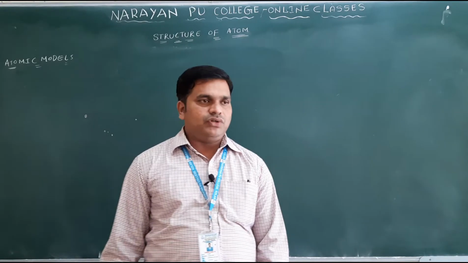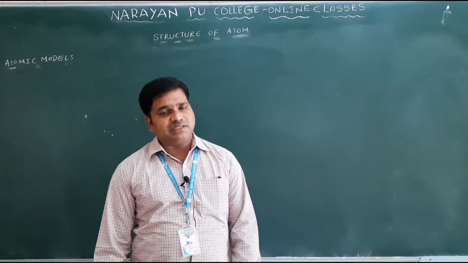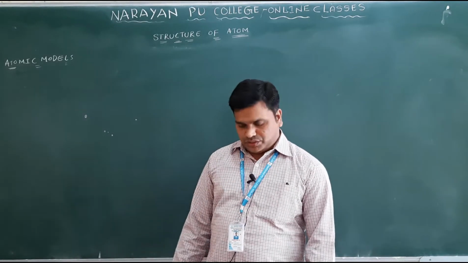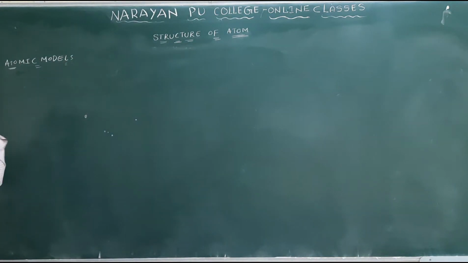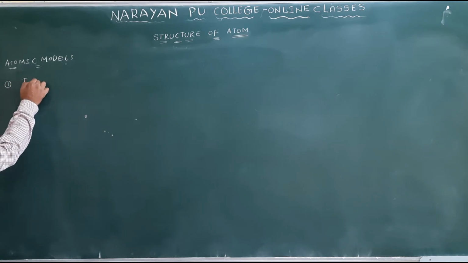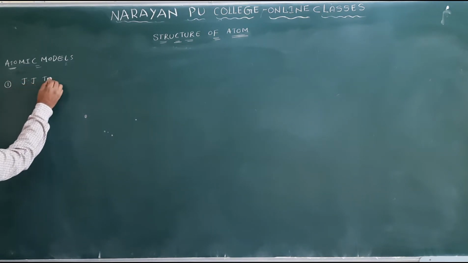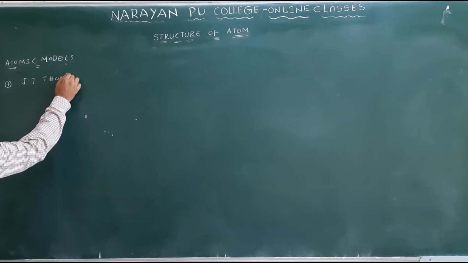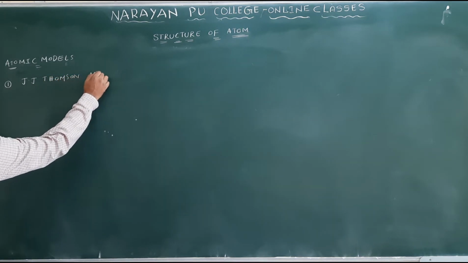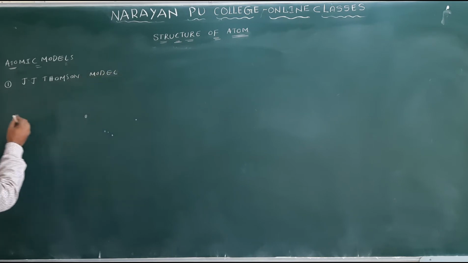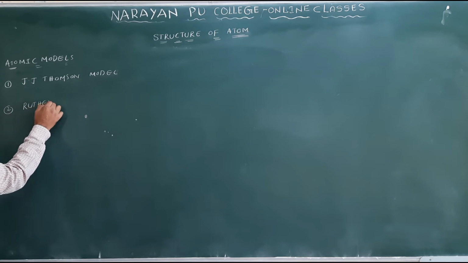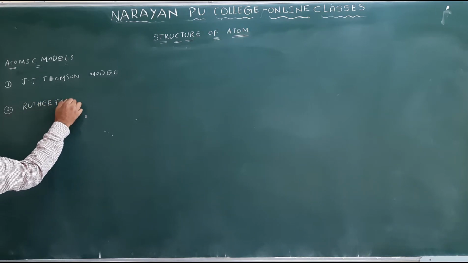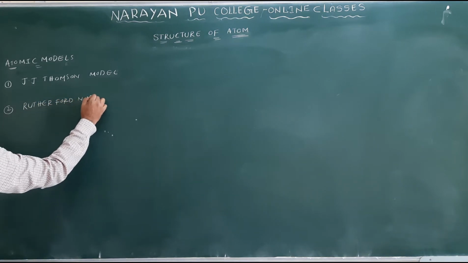In the previous episode we already completed the discovery of the electron, proton and neutron. So in today's episode we will start some of the atomic models. The first one we have is J.J. Thomson atomic model, and one more we have Rutherford nuclear model.